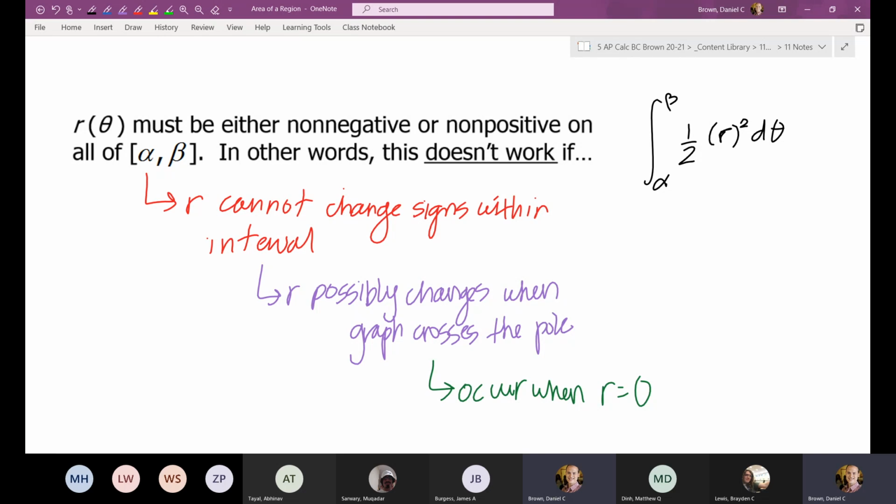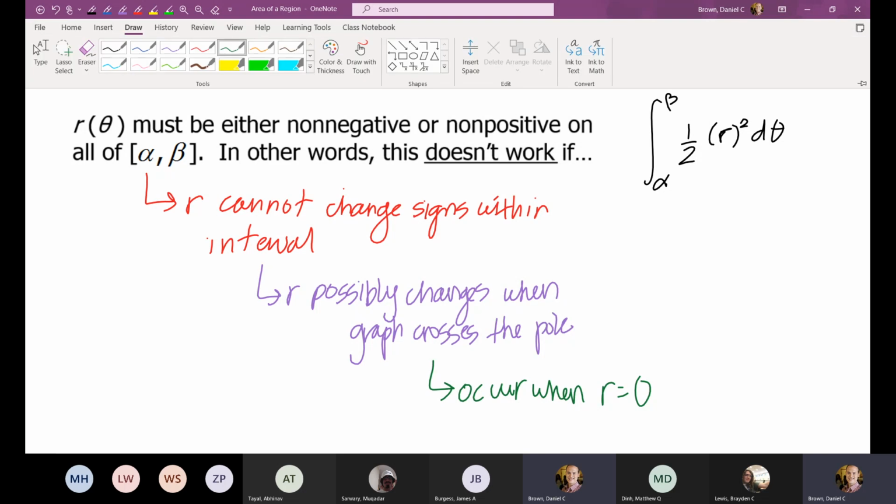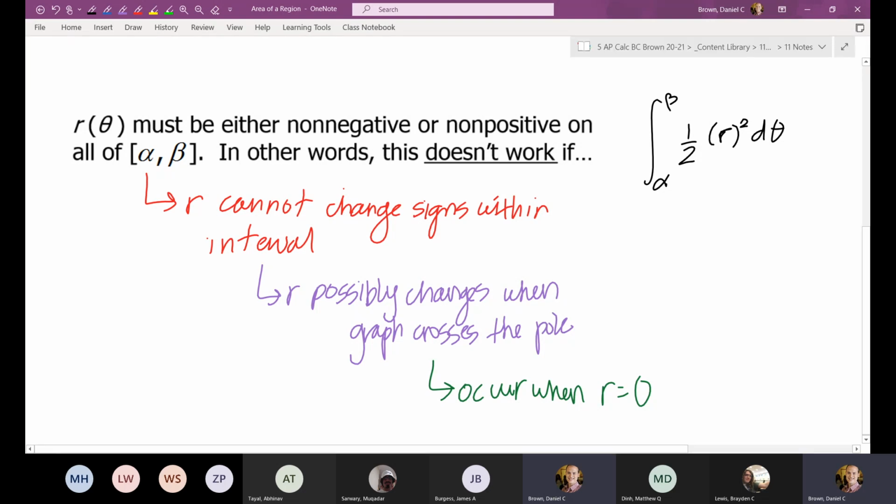Another thing that I think is going to be kind of tricky for a lot of you, and why a lot of you will hate this topic, is that there's typically going to be an infinite number of integrals that you can write that would all be the exact same and correct answer. So I want you to think about why that may be. This is a polar graph, so everything's based on the circle. We know that coterminal angles are the same.